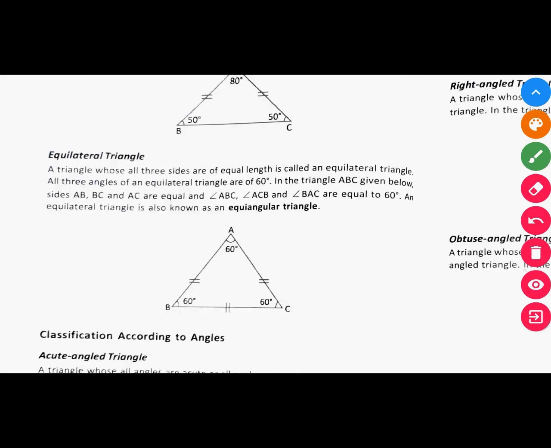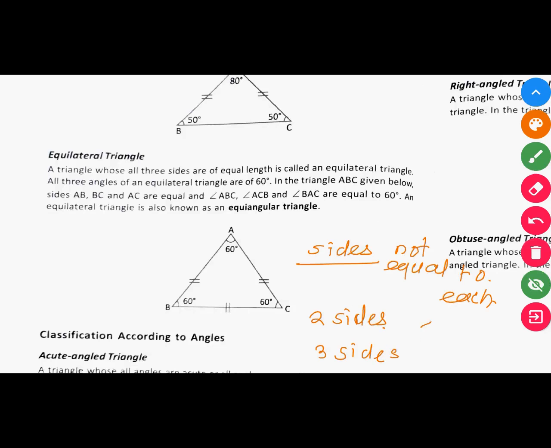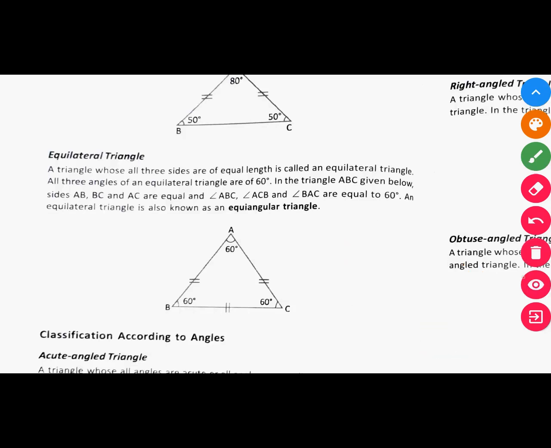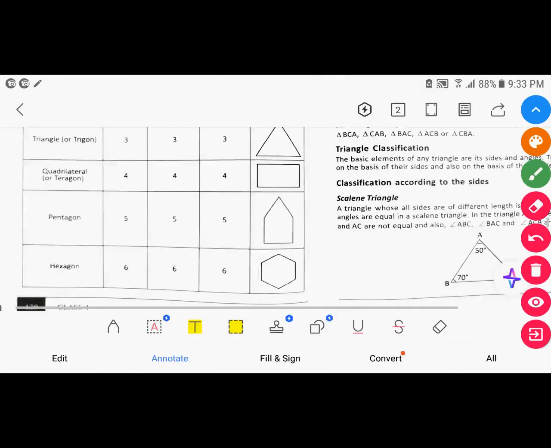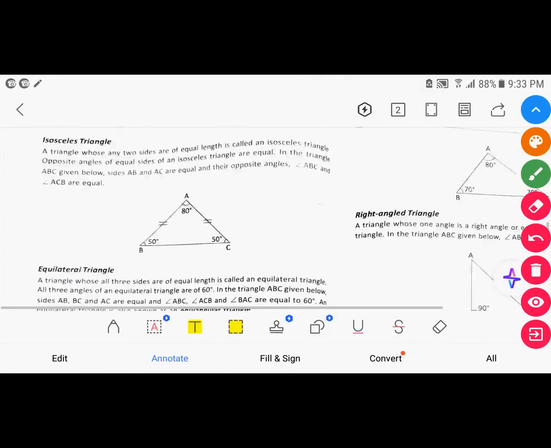Now these types are on the basis of sides, because when sides are not equal to each other, when two sides are equal to each other, and when all three sides are equal to each other. Okay, so these are the three types: equilateral, isosceles and scalene.